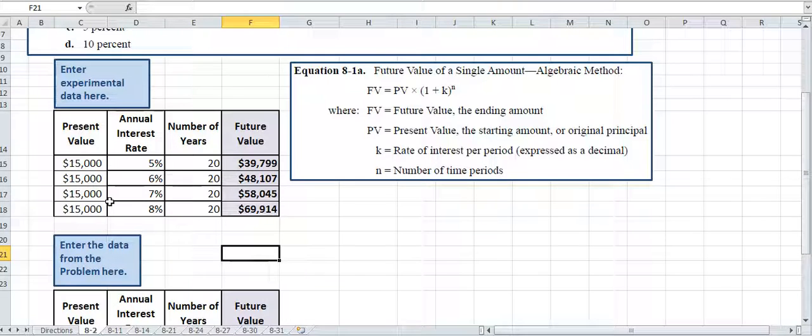You can start off with more. Say, for example, we started off here with 20,000 instead of 15,000. Obviously it would grow more because we started with more. Our future value is going to be higher if we have a higher rate of return, and our future value is going to be higher if we keep it in for more years. And that's really where the big change is.